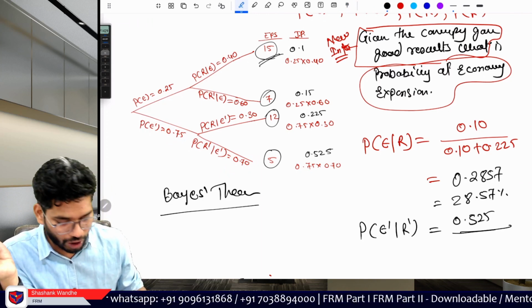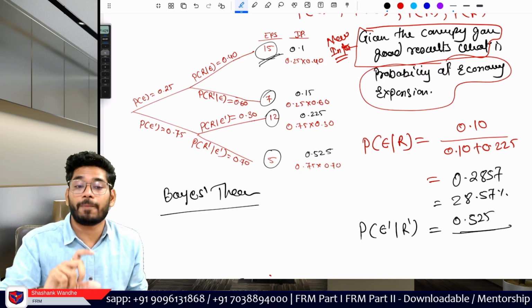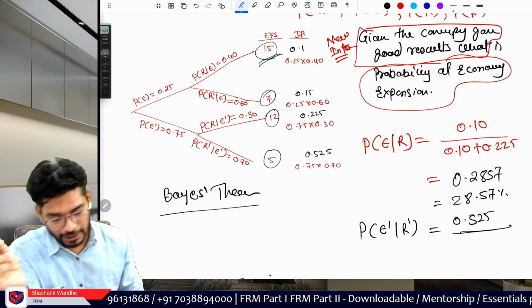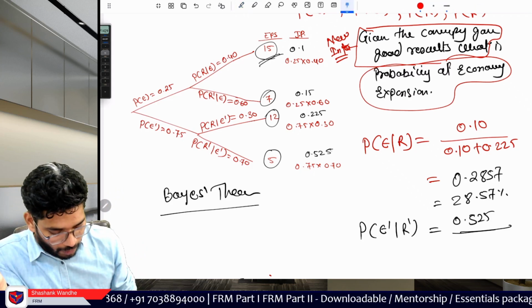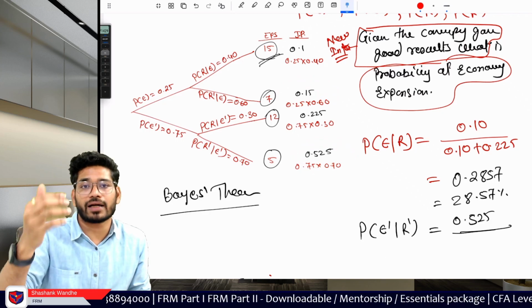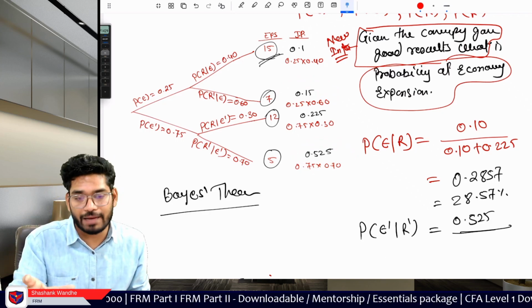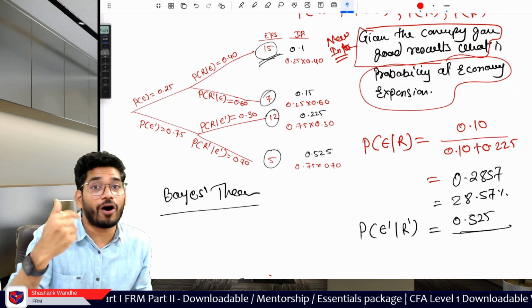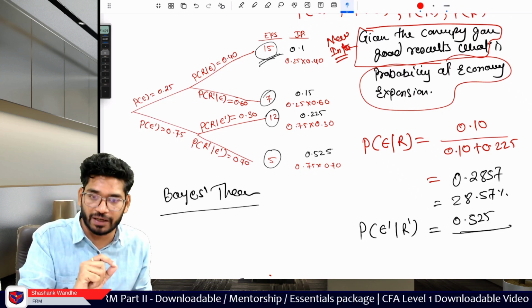0.525, and in the denominator we will need the total probability of poor results, or simply the no good results. Here for no good results we have first situation and second situation. Remember, the total probability, unconditional probability, marginal probability, all are the same thing, and to do this calculation you have to simply take the total of all possible situations for the specific event.